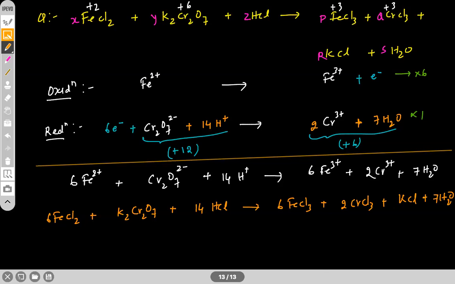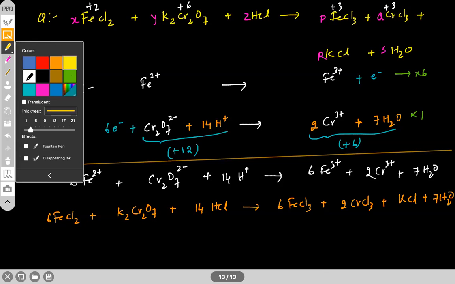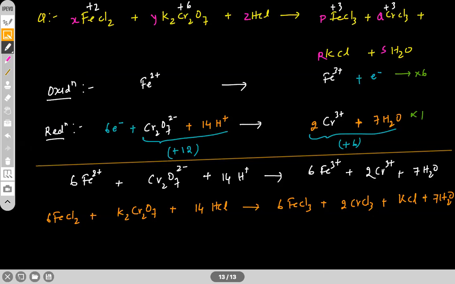Yes, I'm coming to this point. Potassium is not getting balanced. This kind of situation you will have in this kind of question. So when you've done all this, cross check whether all the atoms are balanced or not. When you get a situation like this, where potassium is not balanced, you balance it by hit and trial. We have K2 here, which is 2 potassium, so just multiply this by 2.